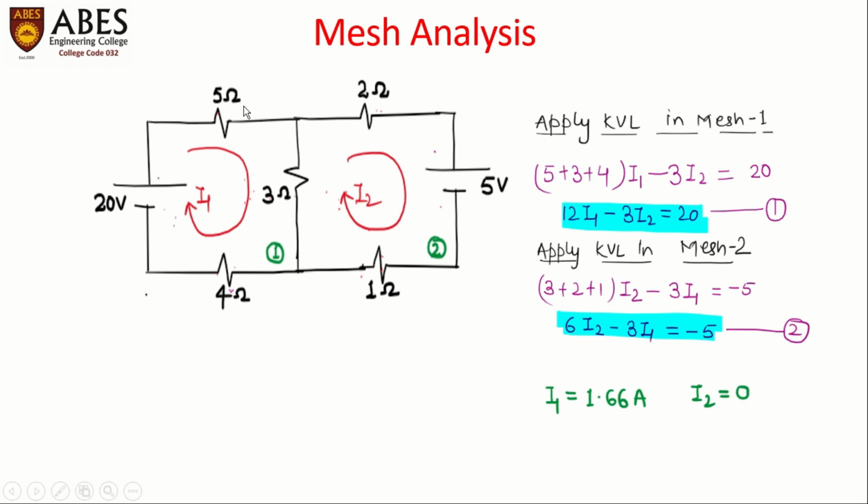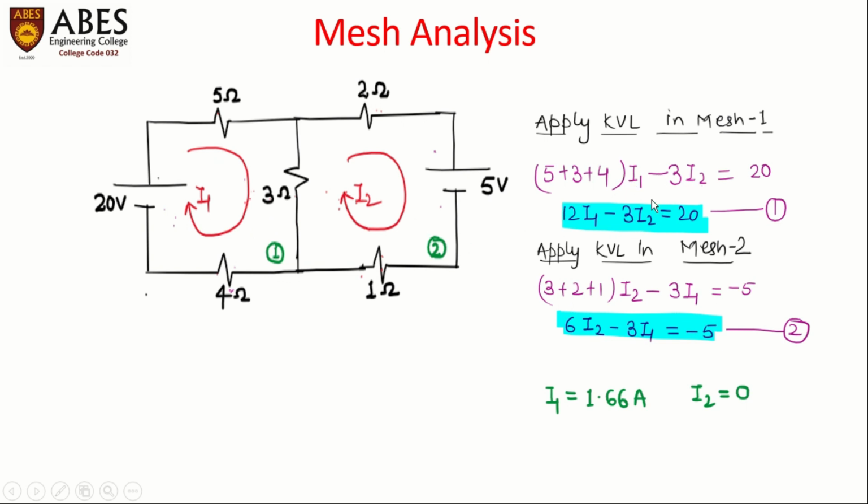After finding the common resistance of this mesh, this one is the 3 ohm resistance of this mesh, which is common to the mesh 2. 3 ohm resistance is common in between mesh 1 and mesh 2. Now I have written here 3 ohm. This one is the value of the common resistance. Now this common resistance is multiplied by the other current that is flowing in this particular resistance except I1. Now I have multiplied this resistance by I2.